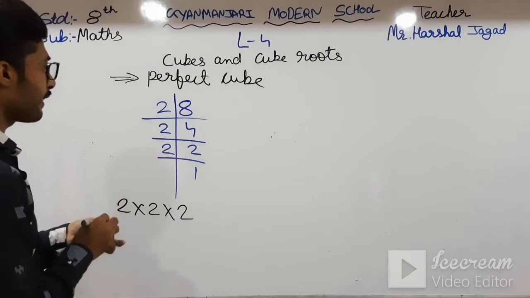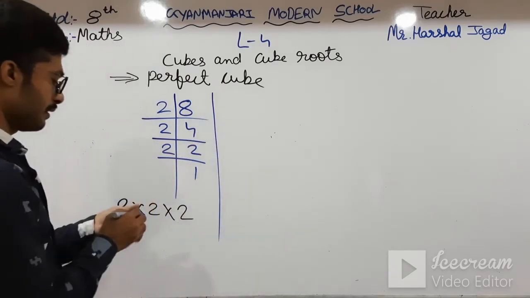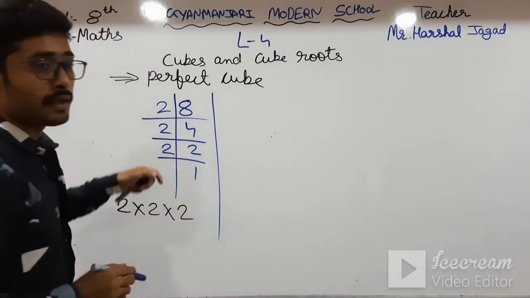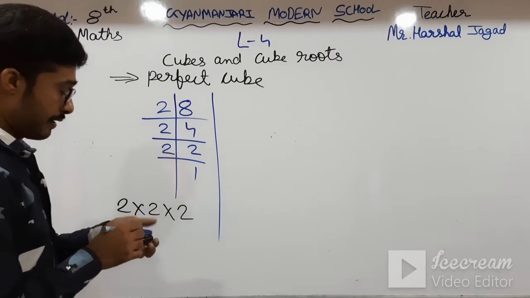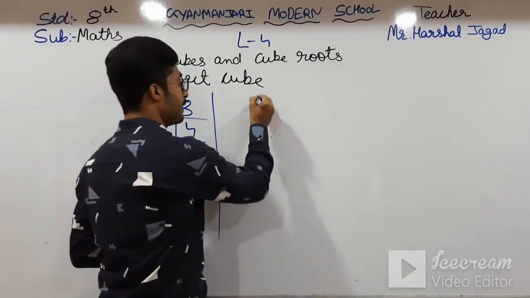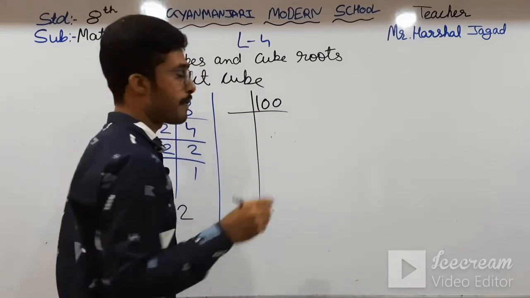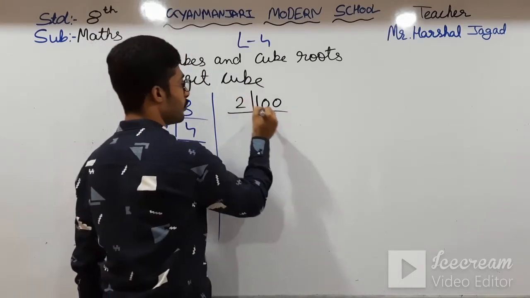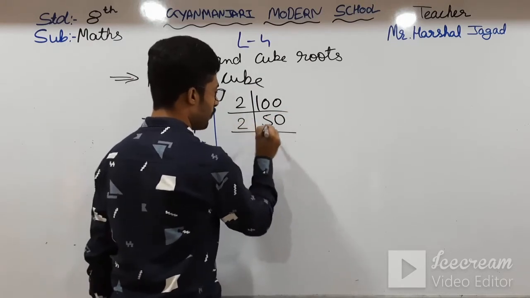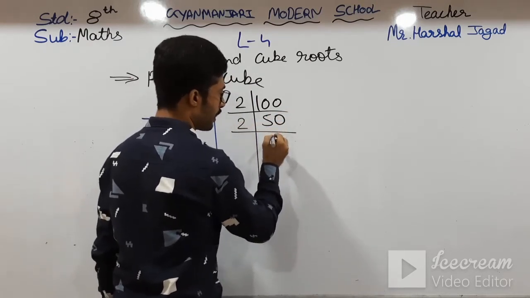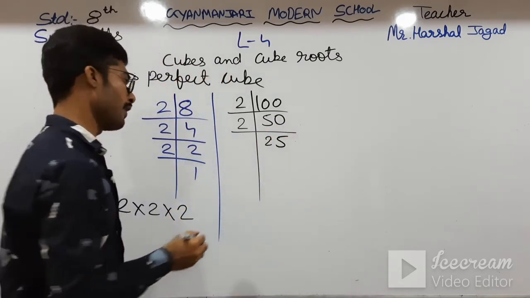Now, we will take another number, 100. So, is 100 a perfect cube or not? What we have to do? We have to factorize 100. First of all, 2 5s are 10, here 0. 2 2s are 4, remains 1, that is 25.